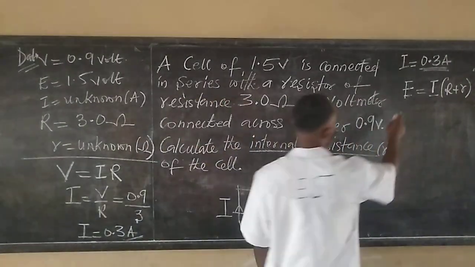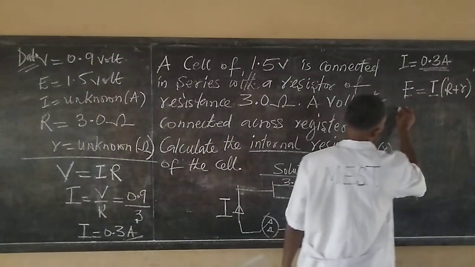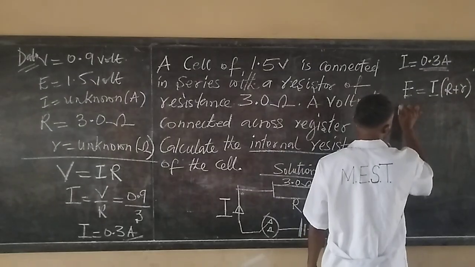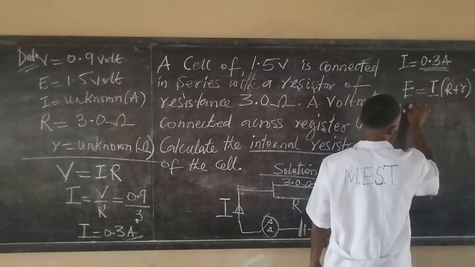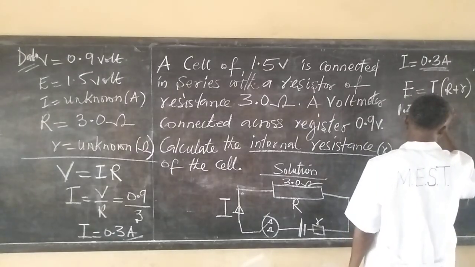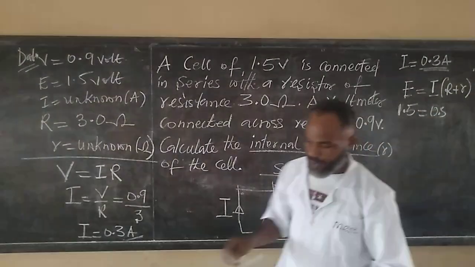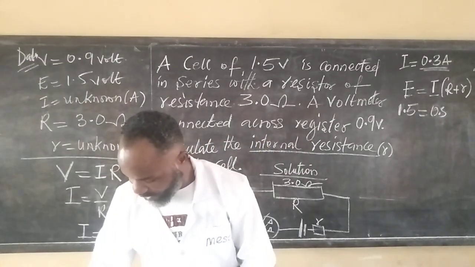For E we put 1.5, and for I we have 0.3.